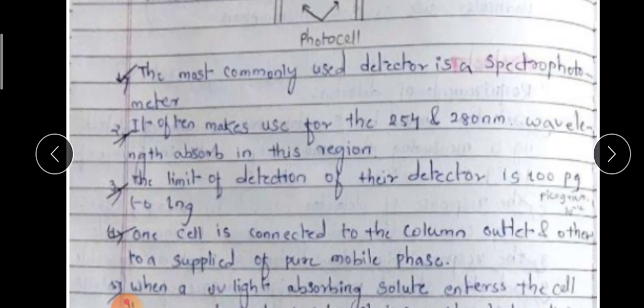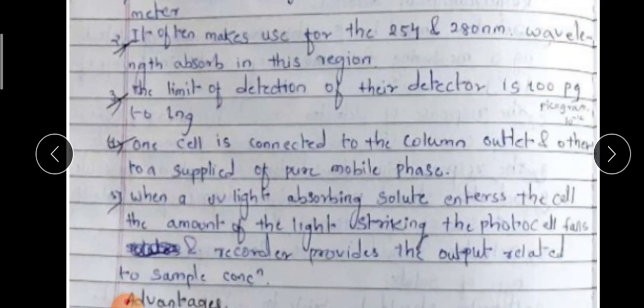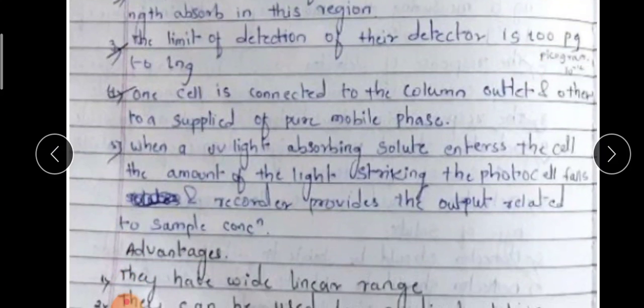That means you can detect very low concentrations here. One cell is connected to the column outlet and the other to a supply of pure mobile phase. When a UV light absorbing solute enters the cell, the amount of light striking the photo cell falls and is recorded, which provides the output related to the sample concentration.